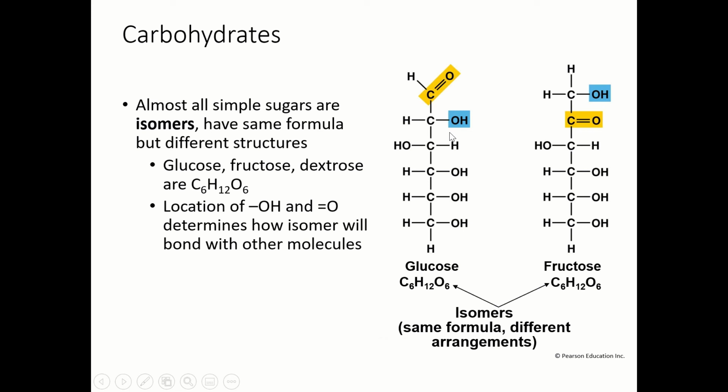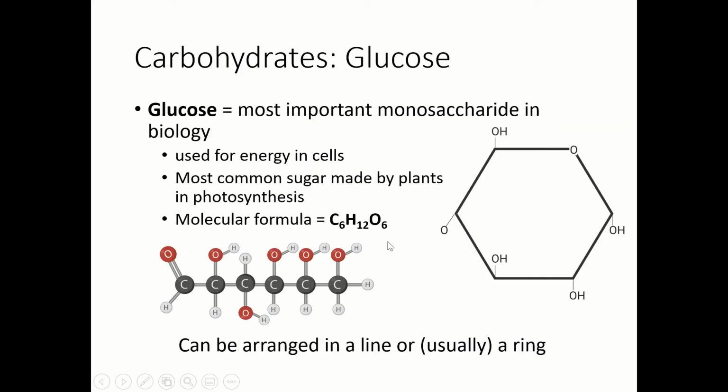It makes a huge difference in how these molecules bind to other molecules. So you may have heard, oh, glucose and fructose are chemically the same. That means they have the same chemical formula. They are chemically, as in the formula, the same. They are physically and functionally very different.